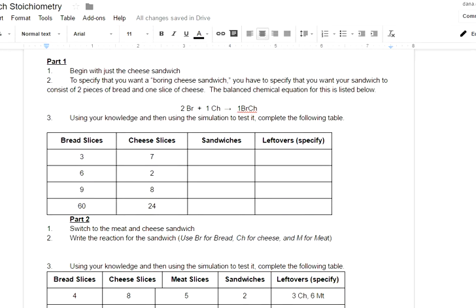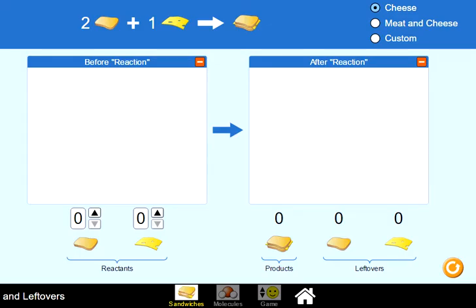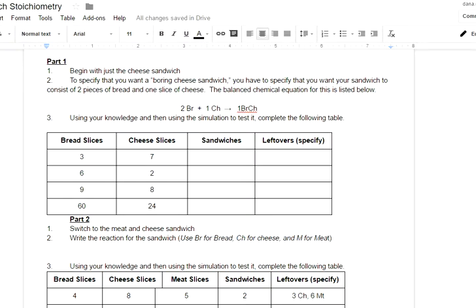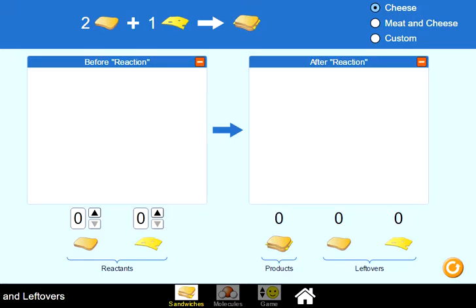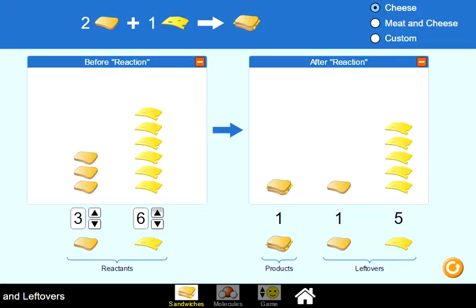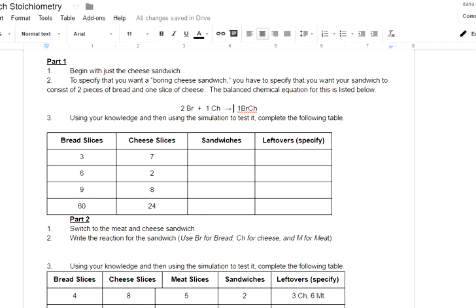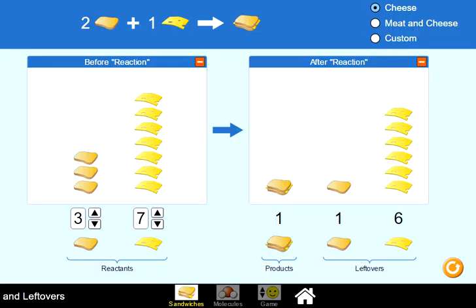And so when I come to the simulation, here I am. It says 3 and 7 for bread and cheese, so all I need to do is say 3 and 7. Notice that the reaction up here requires 2 slices of bread, just like my tab here, my Google Doc. I've got 2 bread, and then I need 1 cheese, and that's going to form 1 sandwich.